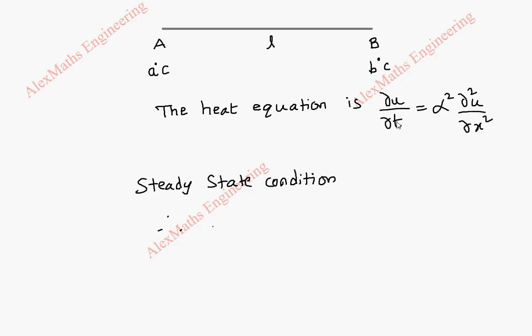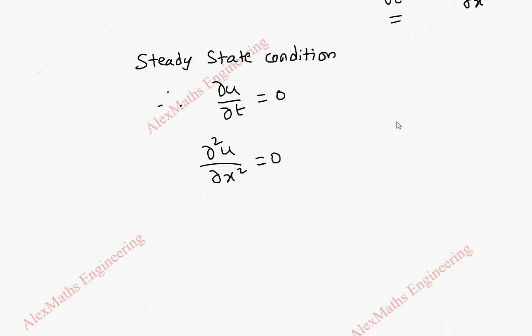Therefore dou U by dou T will be 0, the change in temperature with respect to time is 0. Using that here, we get dou square U by dou X square will be 0. On integrating this, we get a constant, that integration is A, then integrating again gives AX plus another constant. So we get the solution U of X as AX plus B.